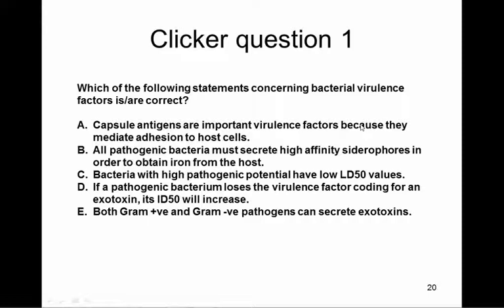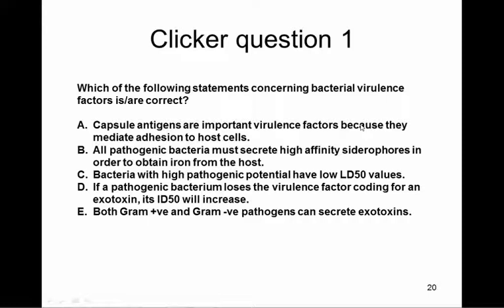Okay, let's think about this ID50 experiment. That's a mouse. You inject the bacteria, or administer the bacteria.